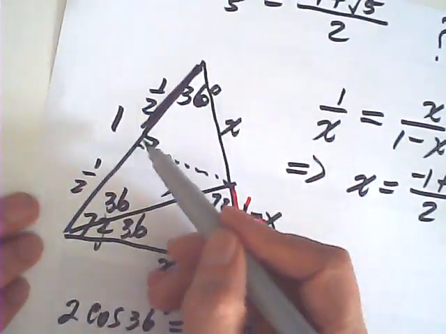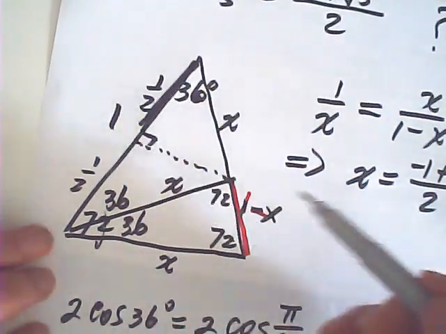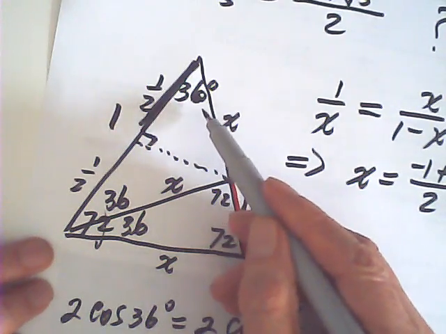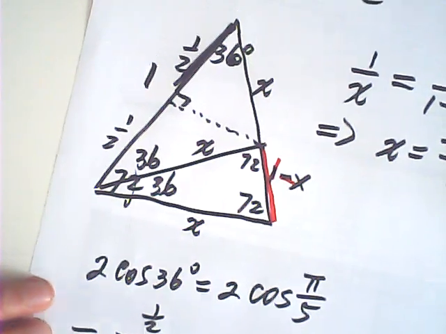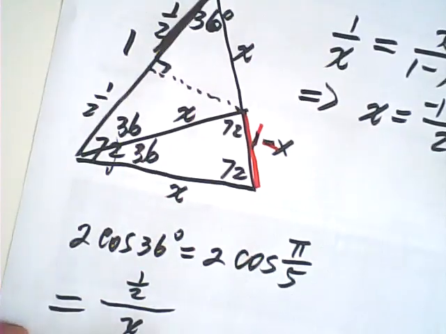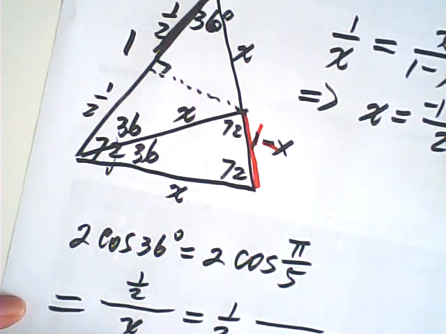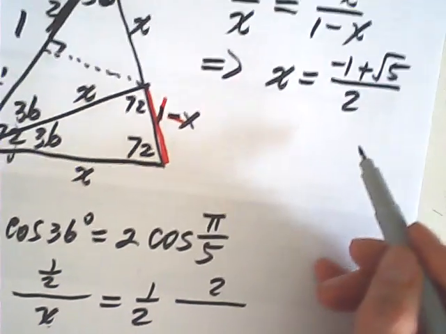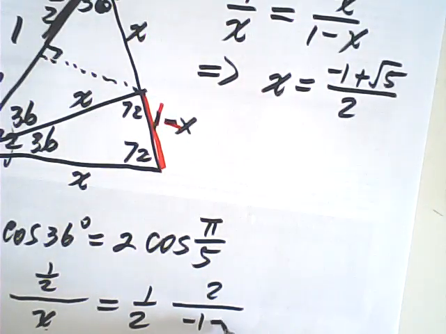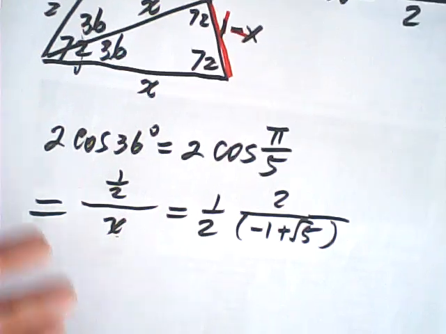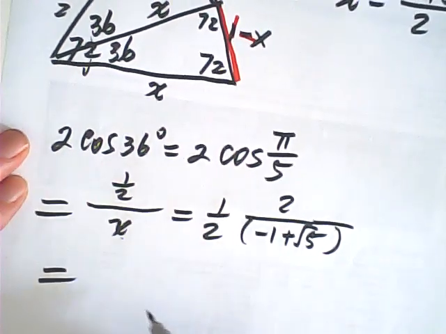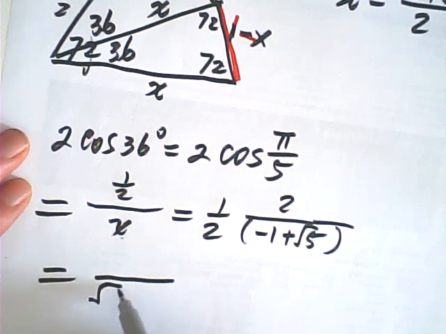Because this is 1. This is the midpoint. Therefore, cosine 36 degree is equal to 1/2 over x. Here, adjacent side over the hypotenuse. This is equal to 1/2 times reciprocal of cosine. 2 cancel out. And this is root 5 minus 1.